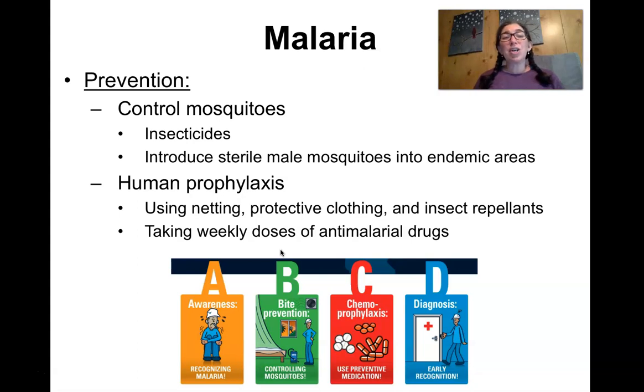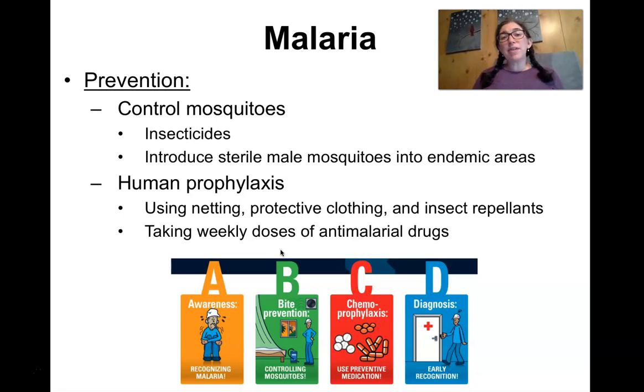So actually, I don't know if I should say we almost eradicated malaria, but DDT was a very powerful insecticide that was used in the 1950s, 60s, 70s. And then Rachel Carson wrote this book that was all about how DDT was killing wild bird populations and really damaging the environment. So they stopped using it.